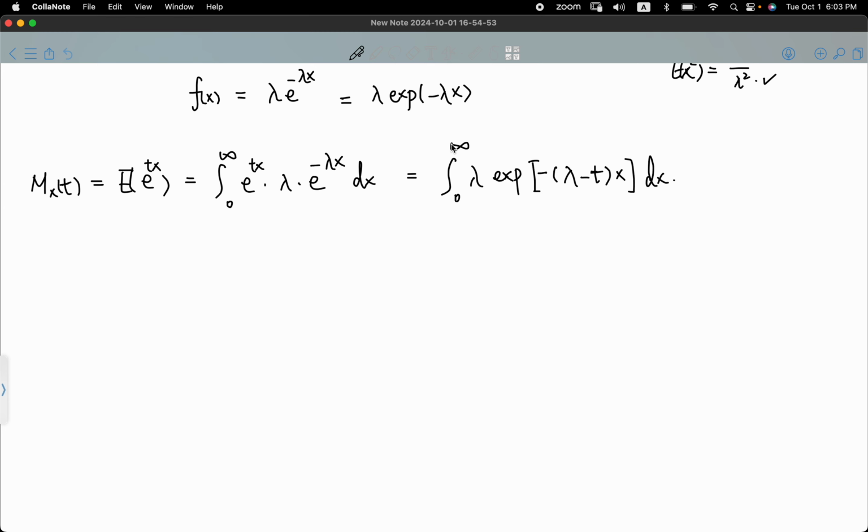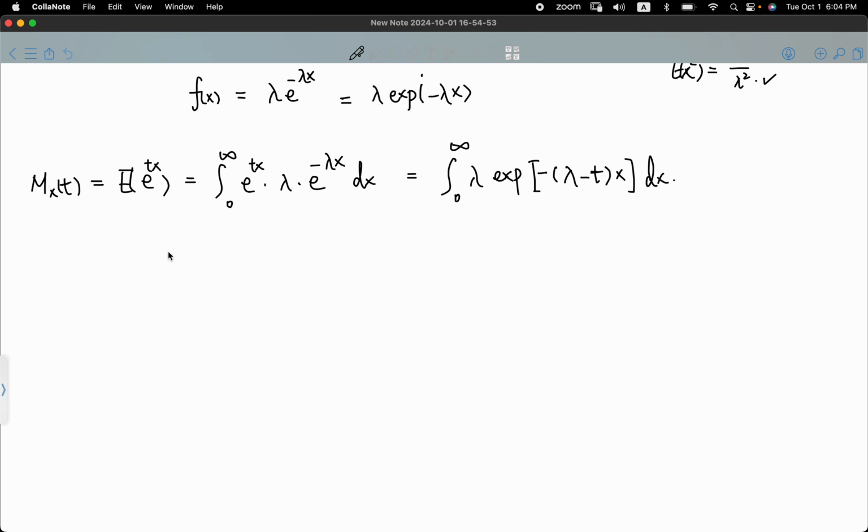So any thoughts on any techniques on how we can evaluate this particular integral here? Yes, we can do something like that. Thank you. There are different ways that you can evaluate the integral, and we are going to use change of variables.